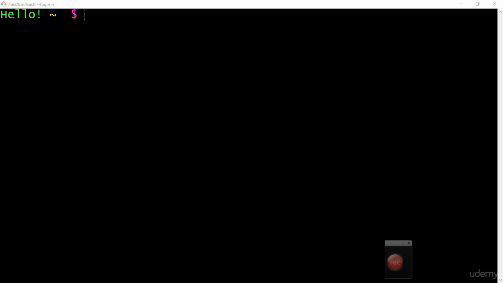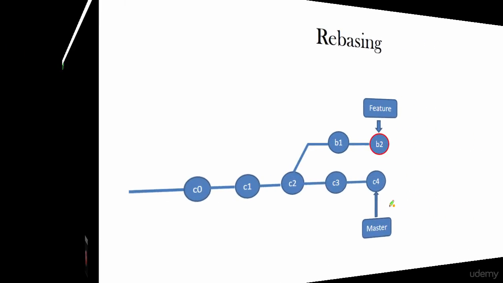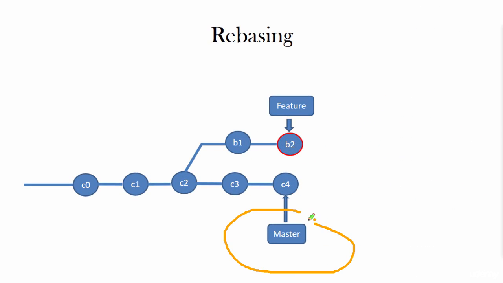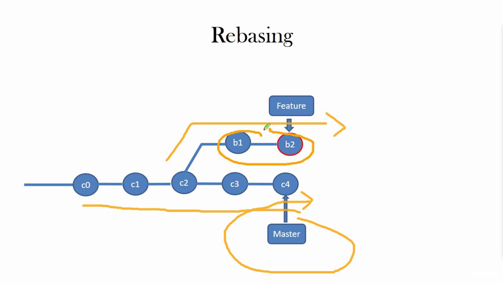So let's explain this using a diagram. You can see over here a master branch, and all these are commits related to the master branch, and here is a feature branch, and these are the commits related to the feature branch.